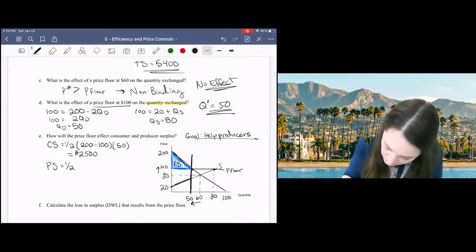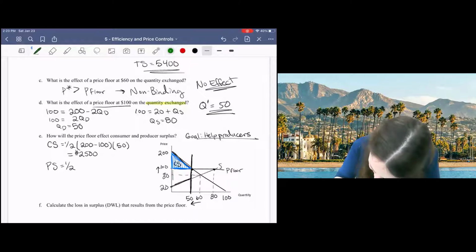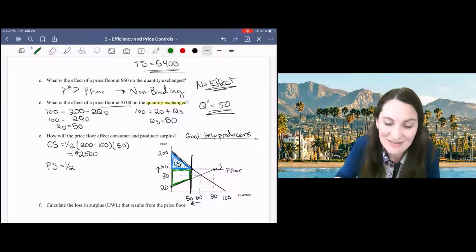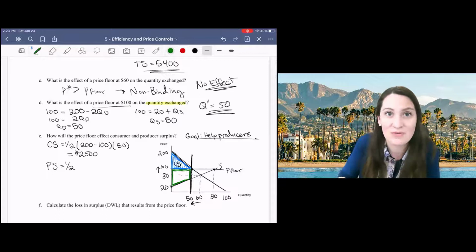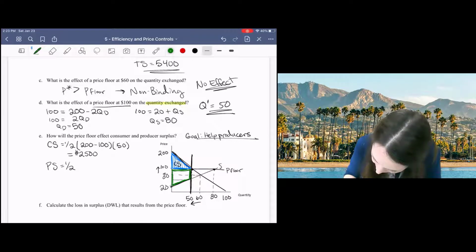So here, in order to calculate producer surplus, we identified that area on the graph, but it's not a triangle anymore. It's some kind of trapezoid here.